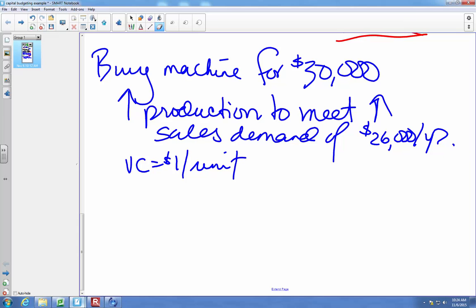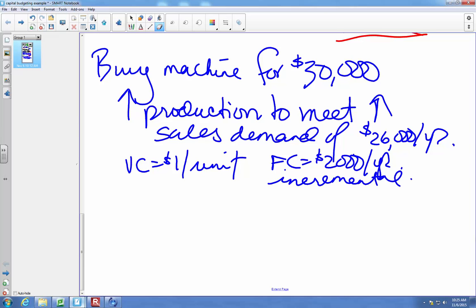My variable costs are $1 per unit. My fixed costs are $2,000 a year. Salvage value on the router.